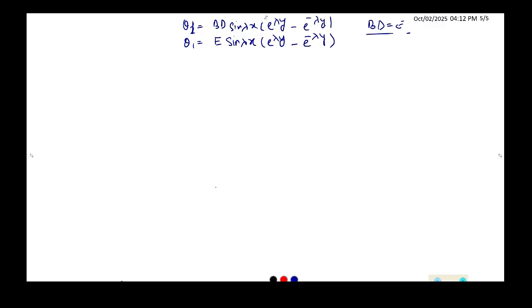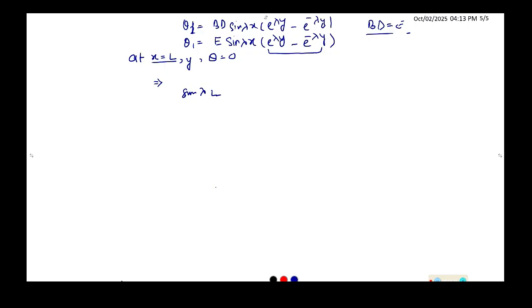Now further using the boundary condition at x equals L, where theta is 0, that is at the rightmost edge of the square plate, this will become e sine of lambda L. Now we can write e to the power lambda y minus e to the power minus lambda y in the hyperbolic function.